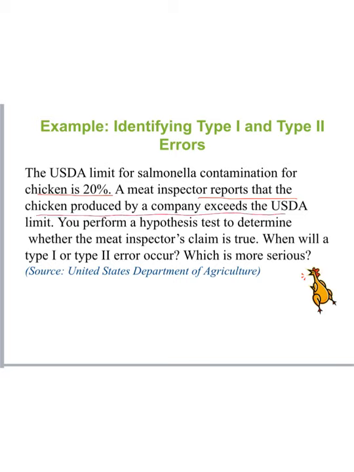So its proportion is greater than 20%, right? That's what he claims. You perform a hypothesis test to determine whether the meat inspector's claim is true. When will a type 1 or type 2 error occur, and which is more serious?